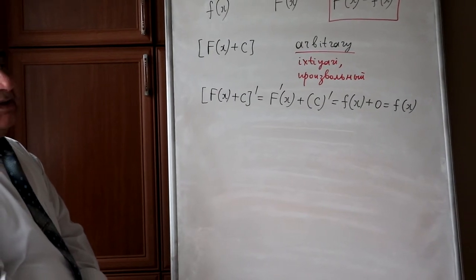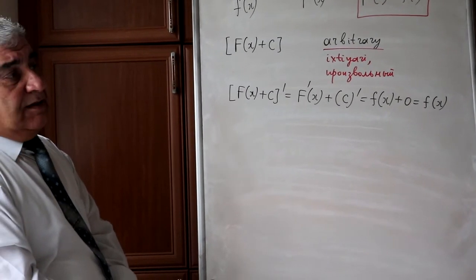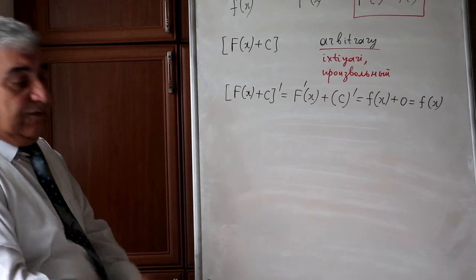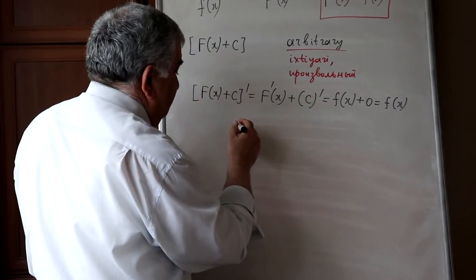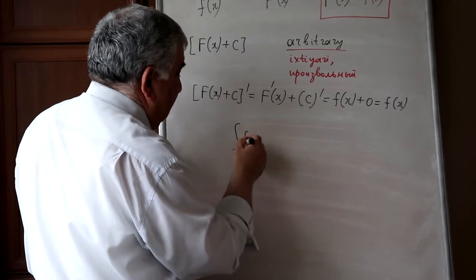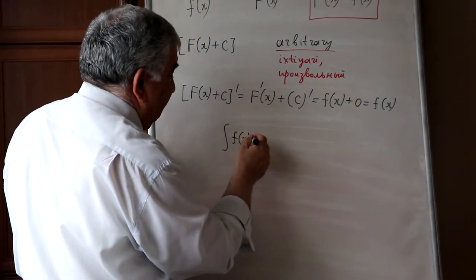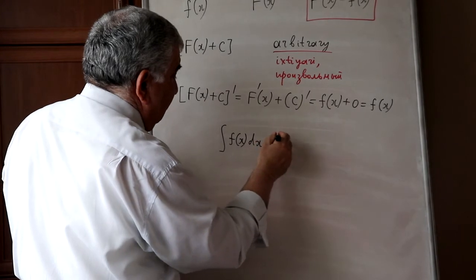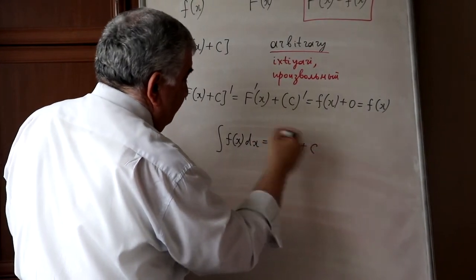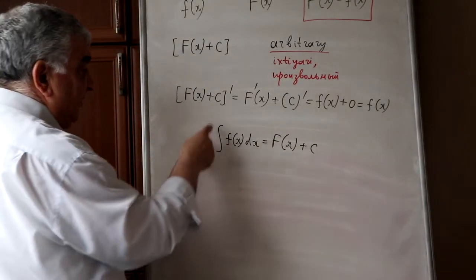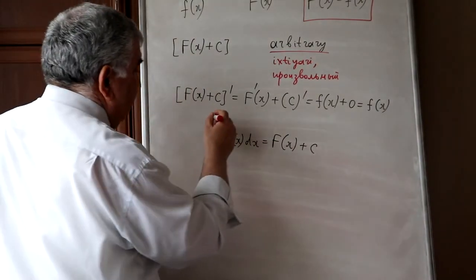And the indefinite integral is denoted in the following form. Integral of f little of x dx is equal to f capital of x plus c. It is named the indefinite integral.